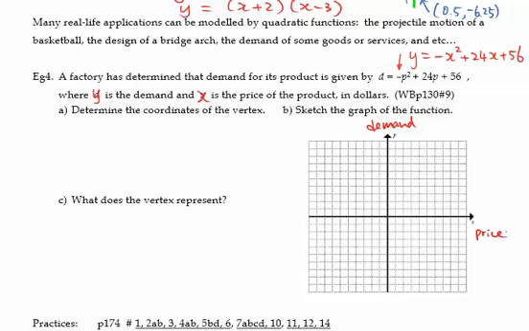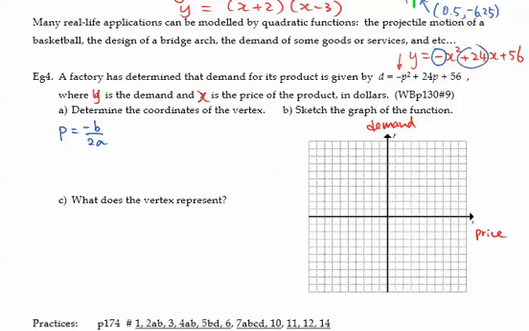Here in this question, they want us to determine the coordinates of the vertex. And as we saw on the previous page, there is a simple equation to do just that. We can calculate the x-coordinate of the vertex using the a and the b.